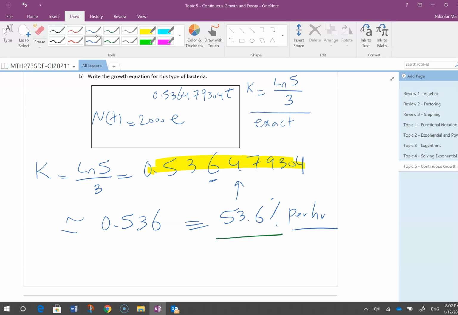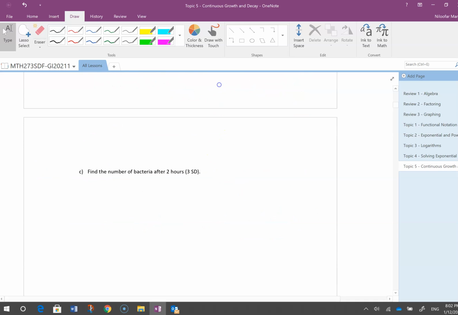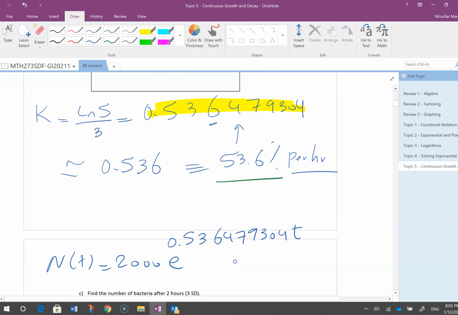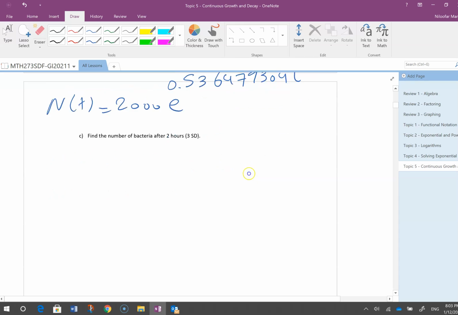So this is the formula: N(t) is 2000, which is the original, e power 0.536479304 t.